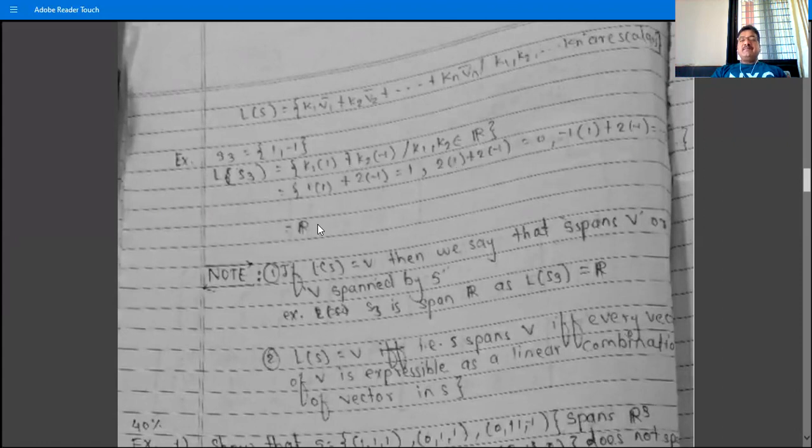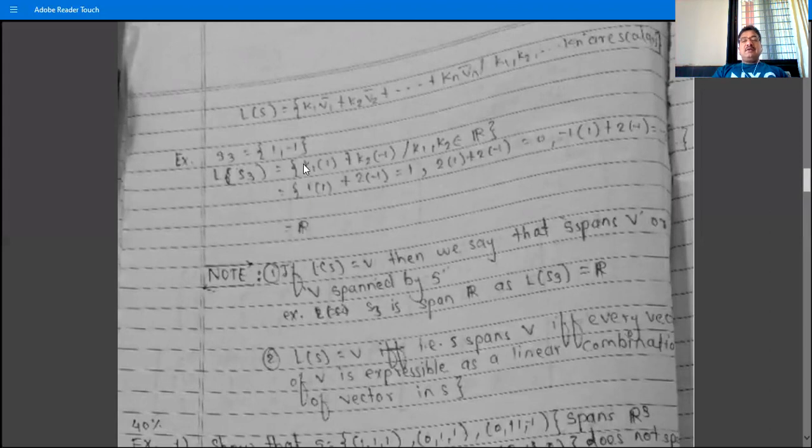And in this way we have all real numbers. All real numbers are linear combinations of this 1 and -1, and therefore L(S) is equal to R. And that is, this set {1, -1} spans R.